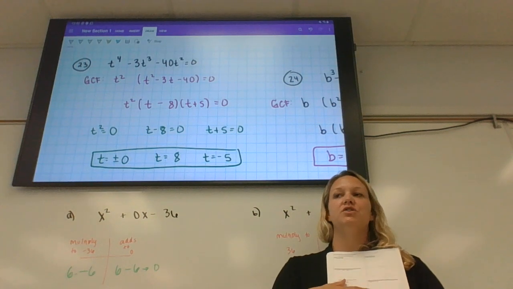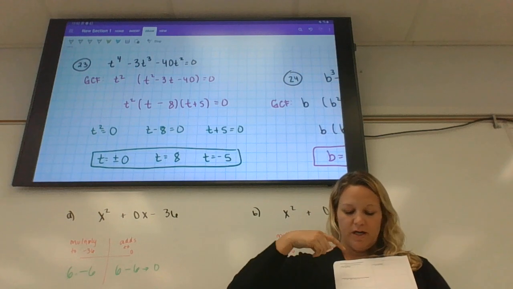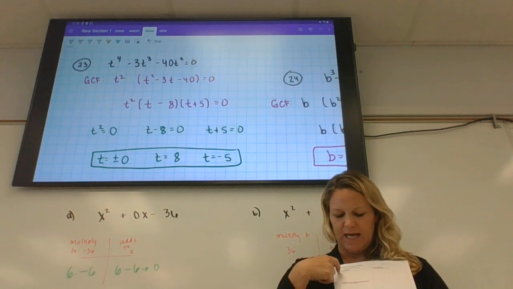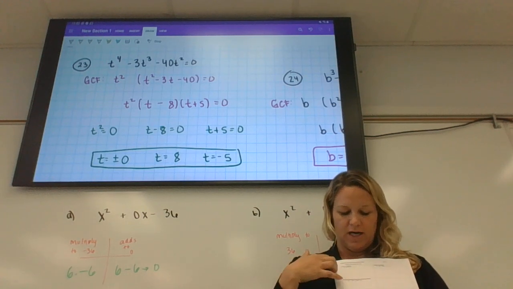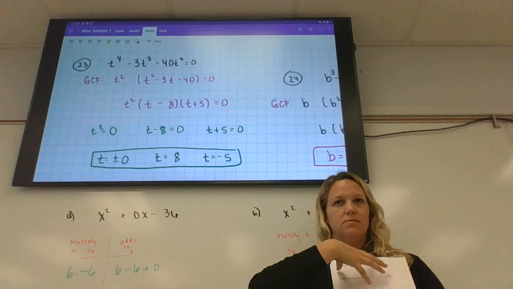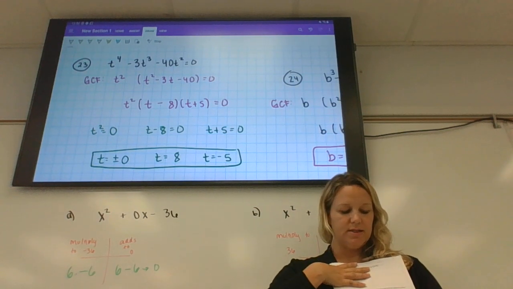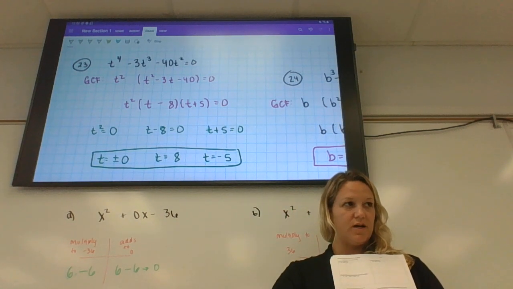All of the questions have the same directions, factor and solve. But what I've done here is broken it down into different types of factoring. The heading is kind of a clue about what to do. Your quiz will not have these headings, but it'll go in the same order: like A times C method, perfect cubes, perfect squares.